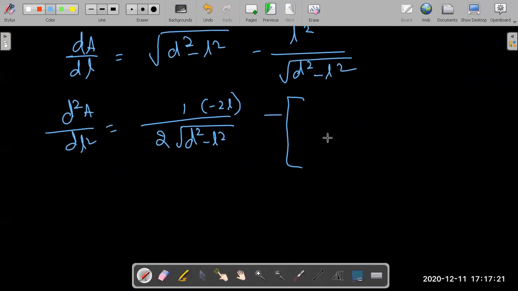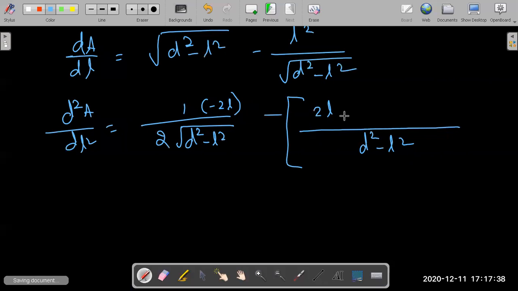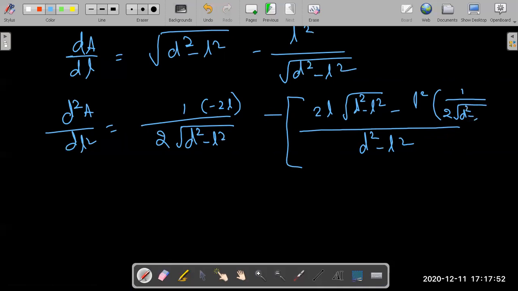So I put a bracket and then write v squared, that means d square minus L square. This is the trouble part. We can't stop, we have to do this second derivative. So u dash is 2L into v, the square root of d square minus L square, minus u v dash, L squared into v dash, which is 1 by 2 root d square minus L squared into minus 2L.